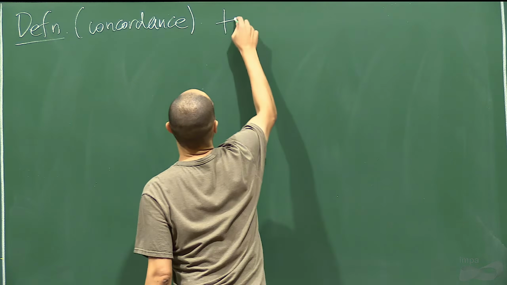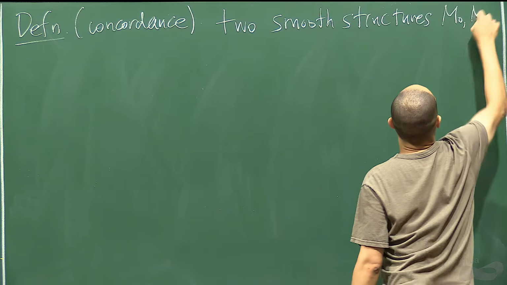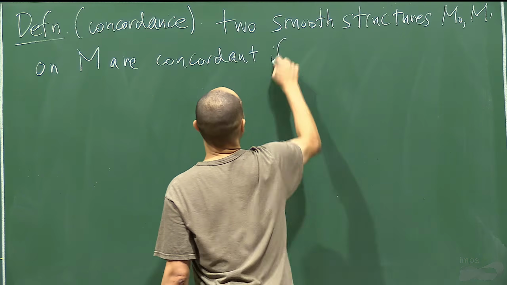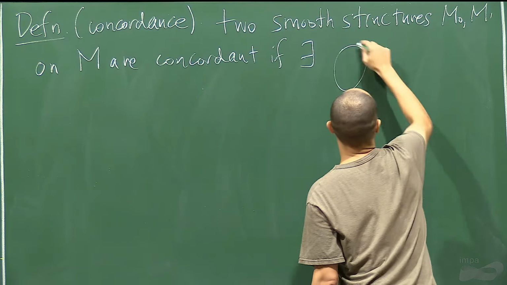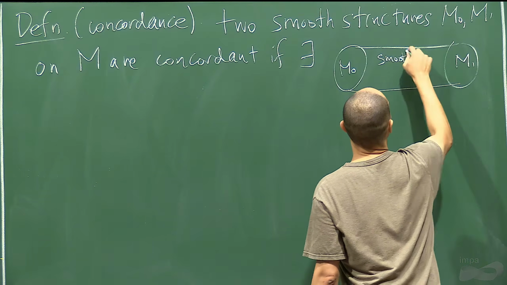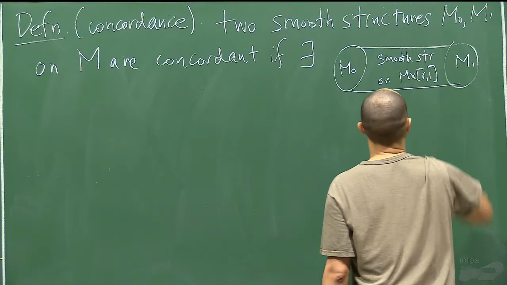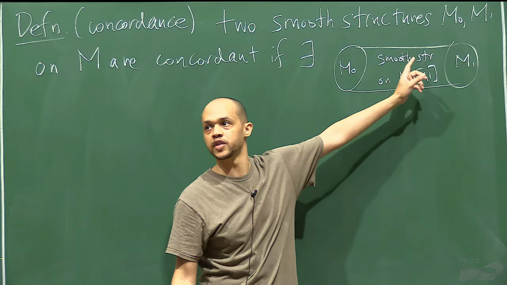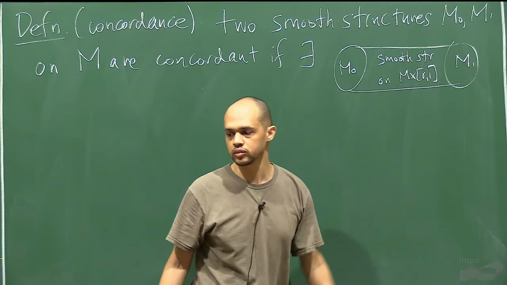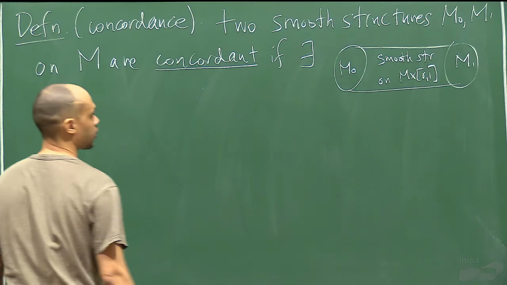Two smooth structures M0 and M1 on M are concordant if there exists a smooth structure on the product, M times the interval, which restricts to the given two smooth structures on the boundary components. That's what it means to be concordant.